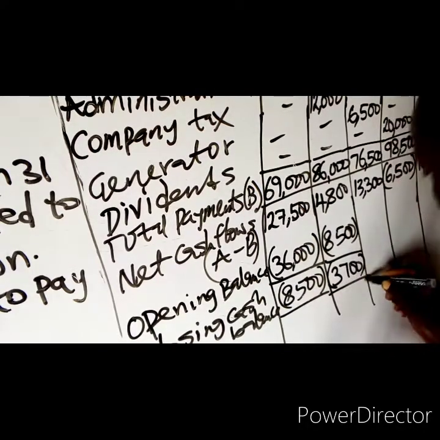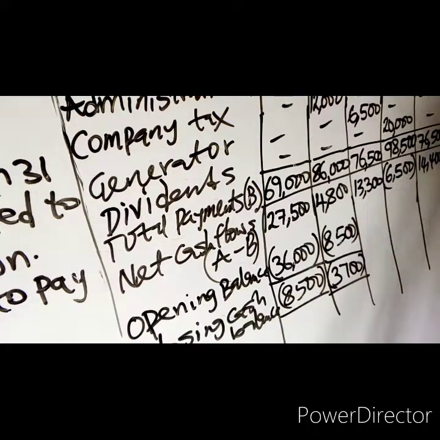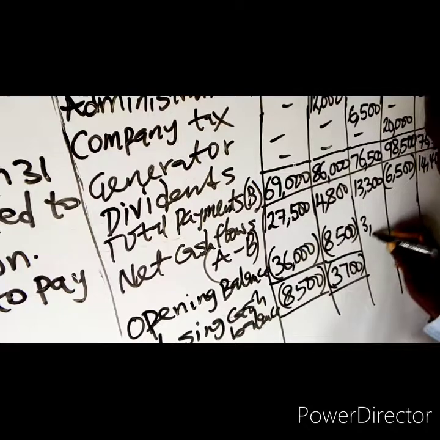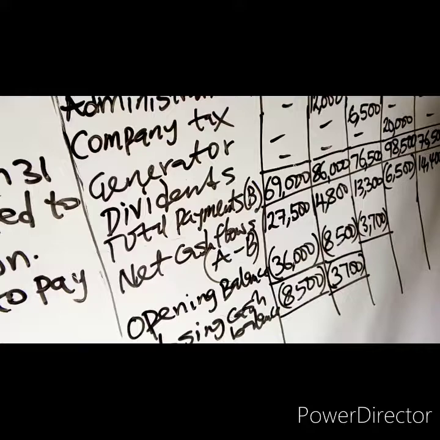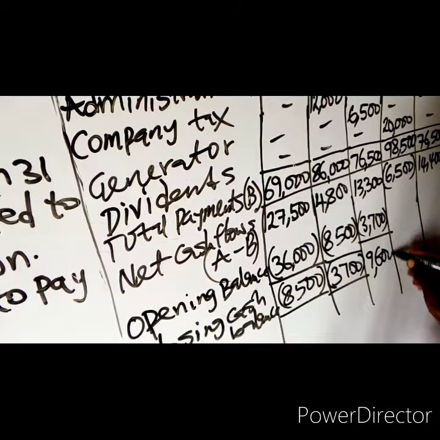It will also be a negative balance because this exceeds this. This closing balance automatically becomes the opening balance as well. We have 3,700. We are going to subtract it from 13,300. Then we have 9,600.